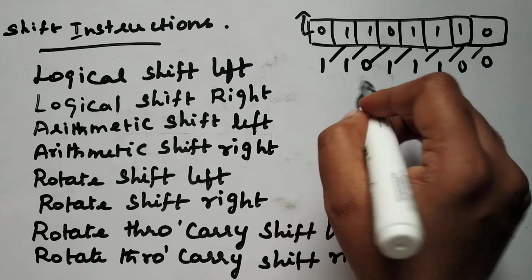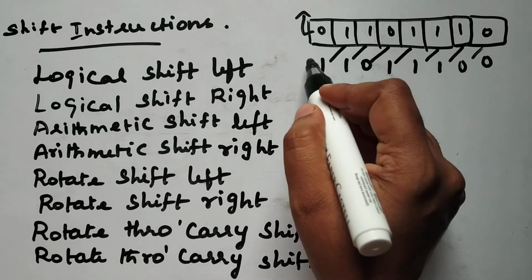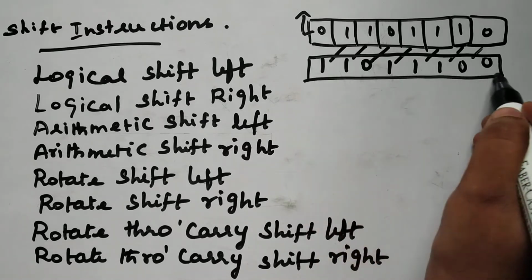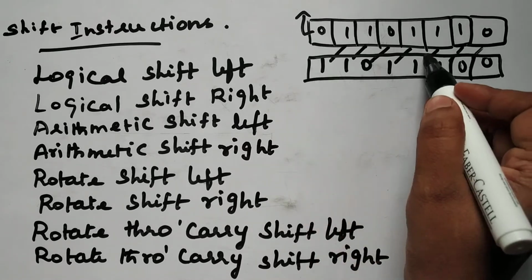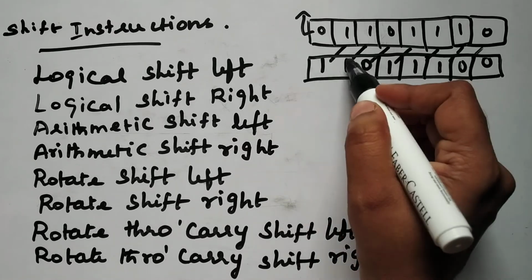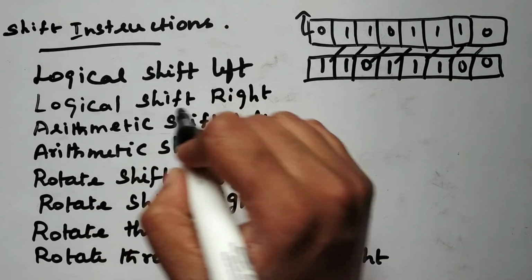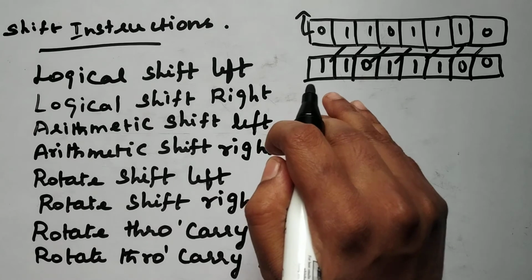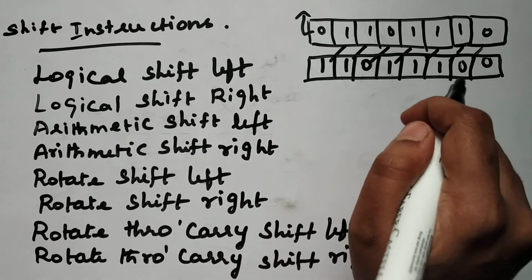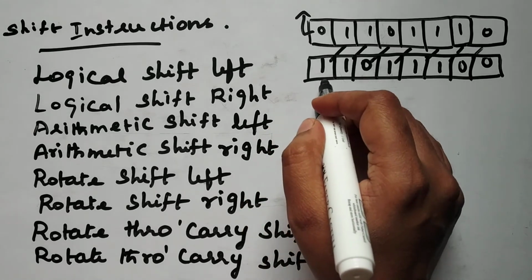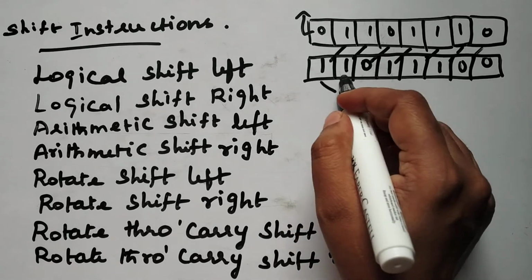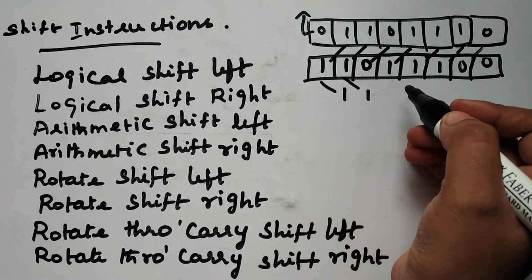And if you are performing logical shift right, for example, if you consider this as the input and perform logical shift right on it, what will be the output? Shift right means moving bits to the right position. So we'll start from the leftmost bit. The first bit will go to the position of the second bit, the second bit will go to the position of the third bit.